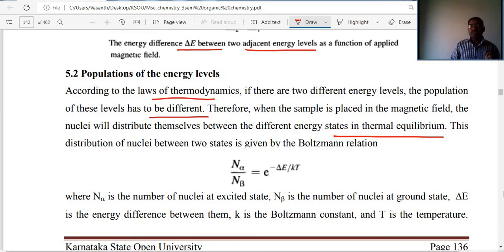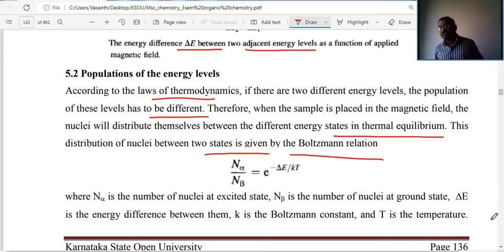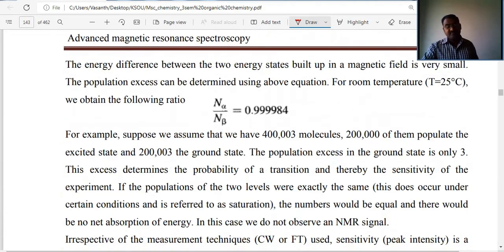This distribution of nuclei between two states is given by the Boltzmann relation. What is that Boltzmann relation? N alpha by N beta is equal to e power minus delta E by kT. Here N alpha is the number of nuclei at the excited state, N beta is the number of nuclei at the ground state, delta E is the energy difference between the states, k is the Boltzmann constant, and T is the temperature.